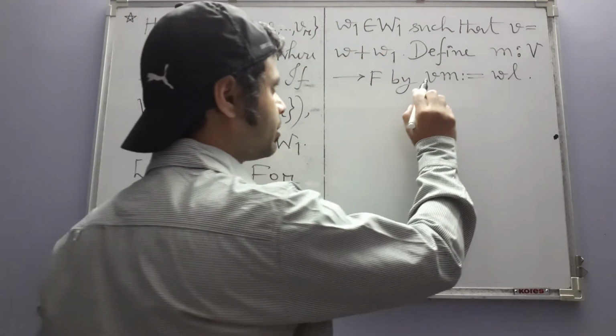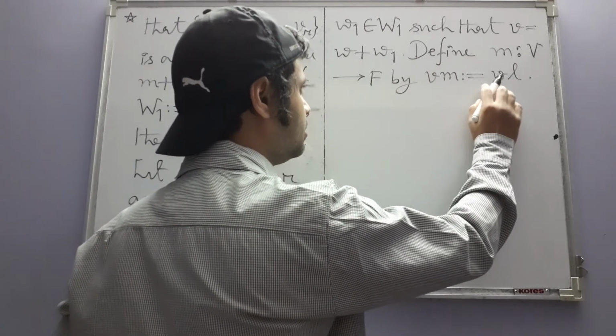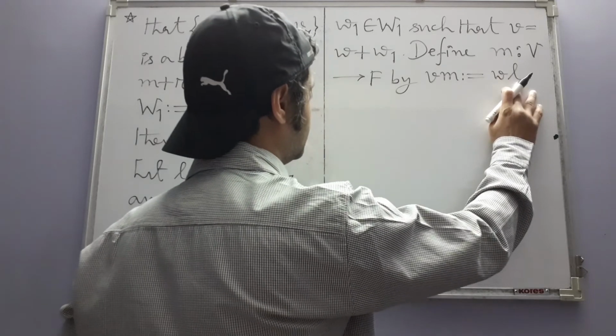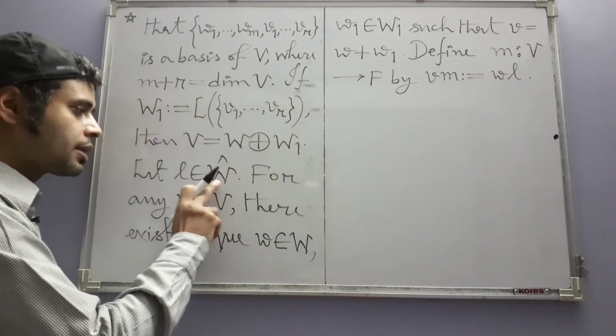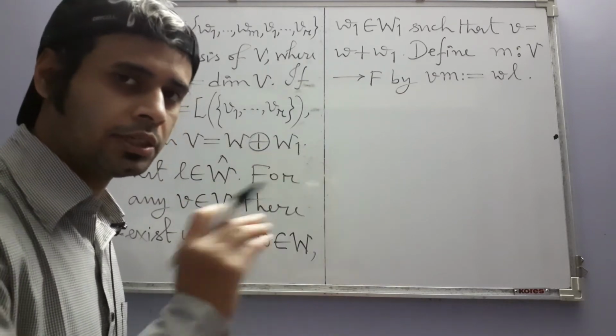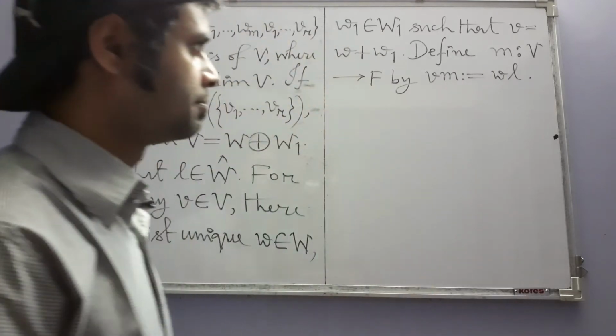So what we are defining vM to be is this: vM by definition is the image of w under the function L. Because L is coming from W hat, L itself is a function from W into F. So this is going to be a field element.